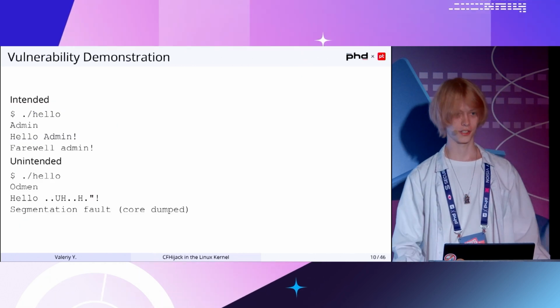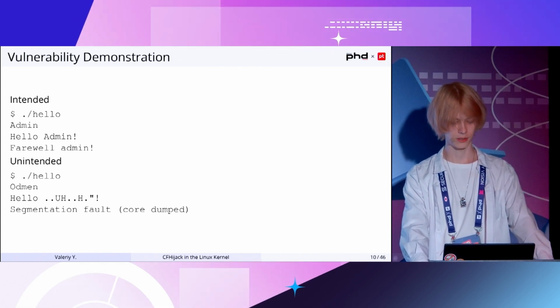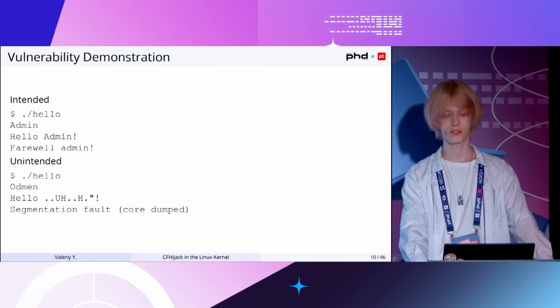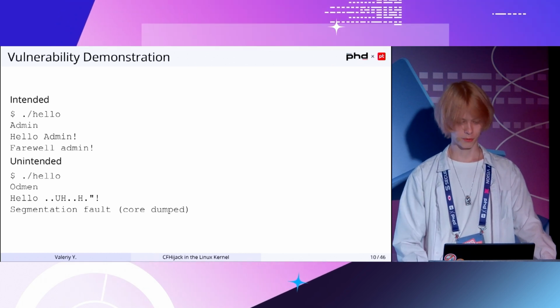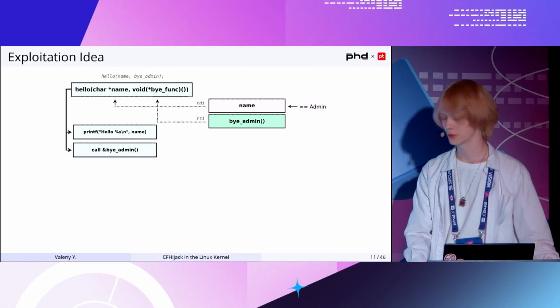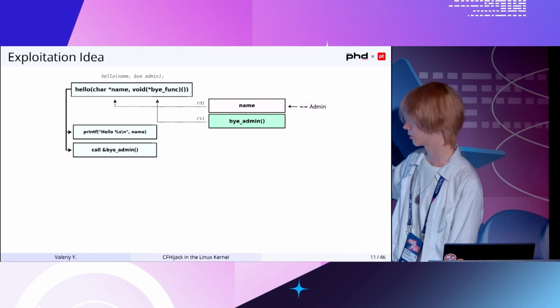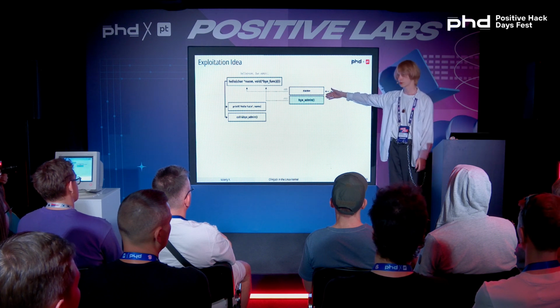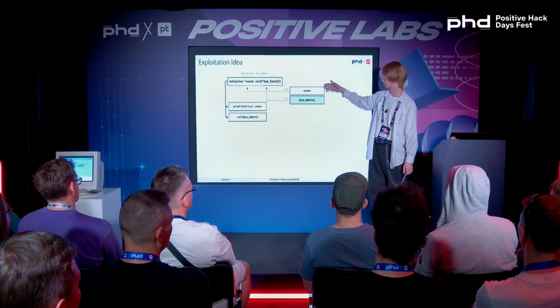So this error is visible in the terminal if you just assemble the code and try to execute the binary file. If you're not an admin, then you get a segmentation fault. How can we exploit it? First and foremost, it works like this. The vulnerable function features a name and then the pointer, which is by admin.